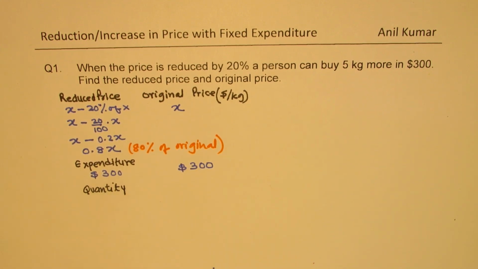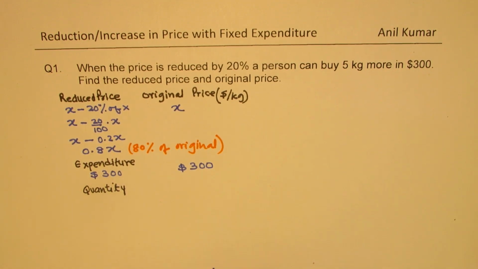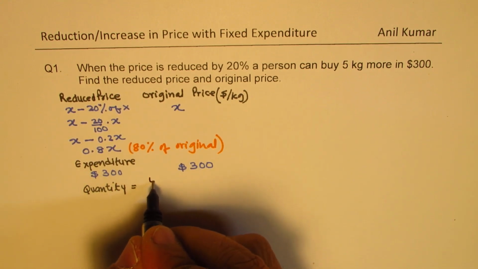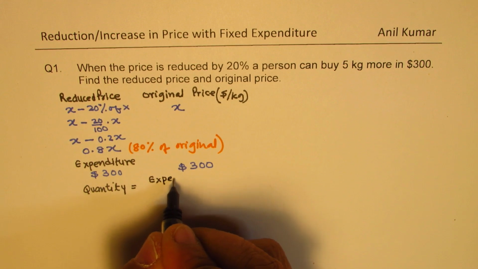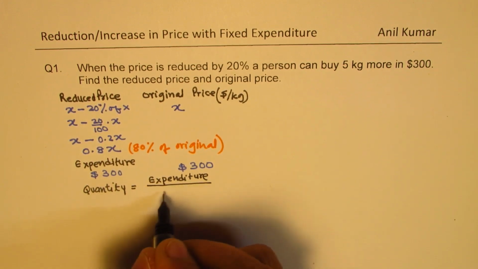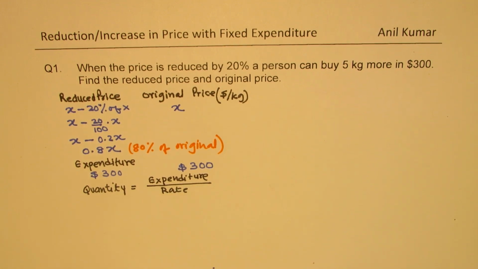So quantity in both the cases. Quantity is amount over rate, right? Let me write the formula here. Quantity is expenditure over rate. It makes sense.